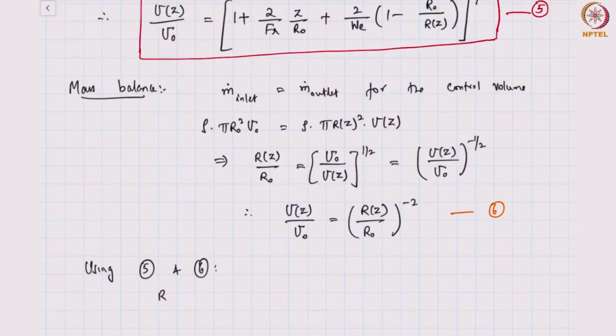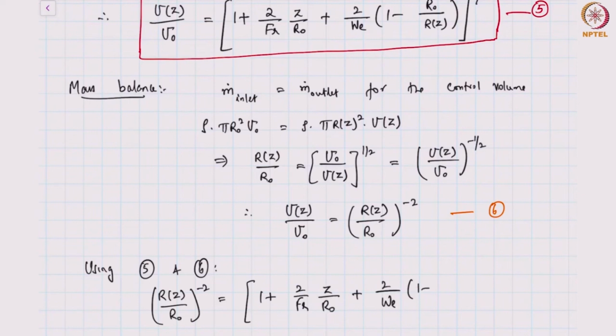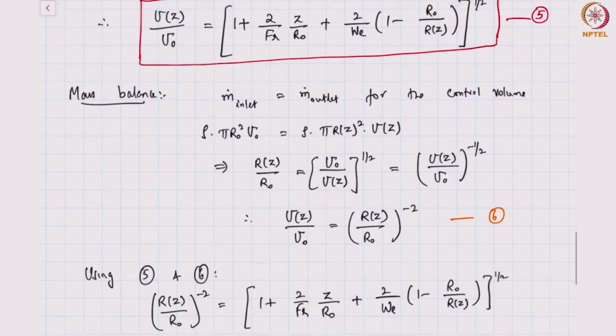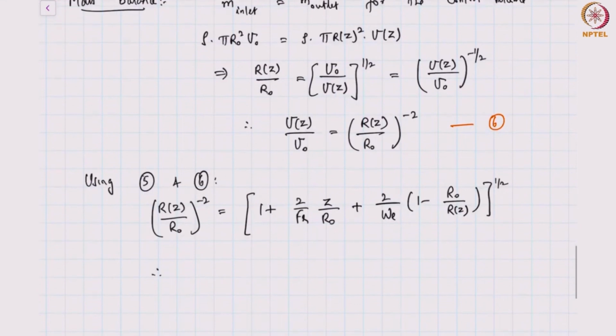We have R of z by R naught whole power minus 2 is 1 plus 2 by Fr z by R naught plus 2 by Weber number R naught by R of z, whole power half. And therefore I now have a simple expression for R of z.